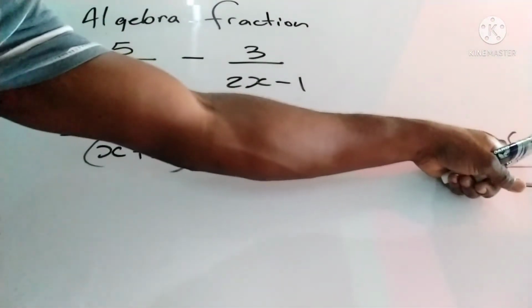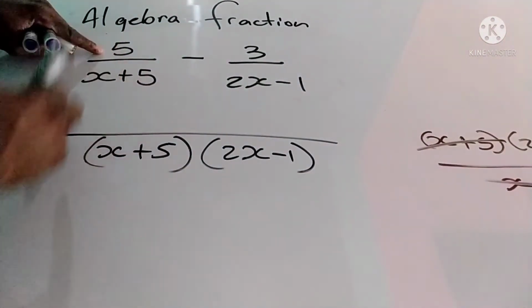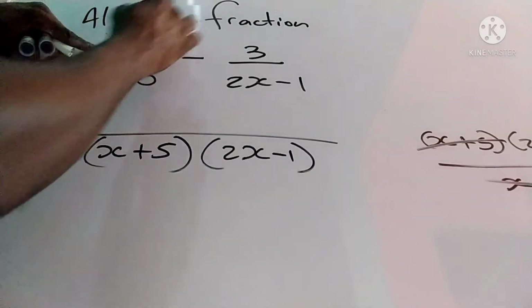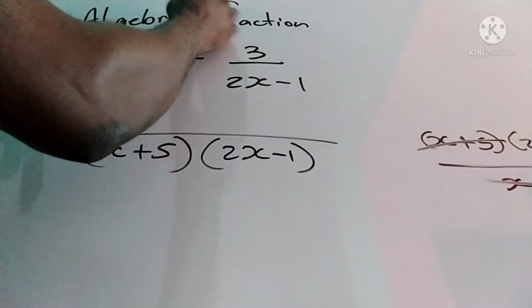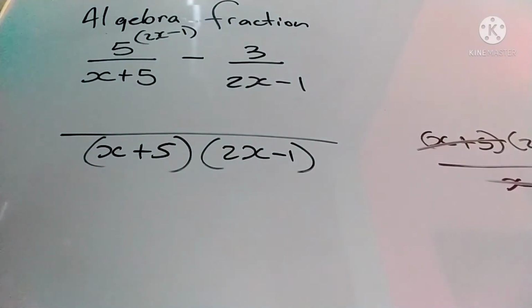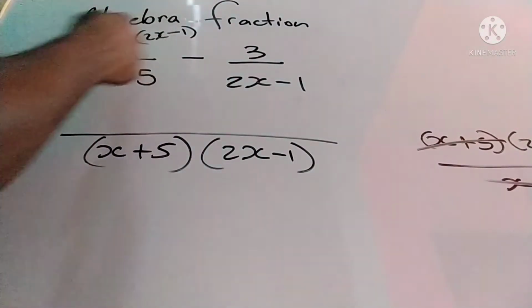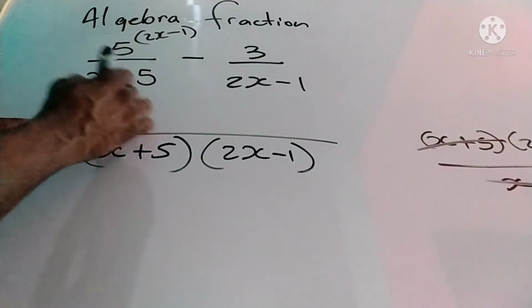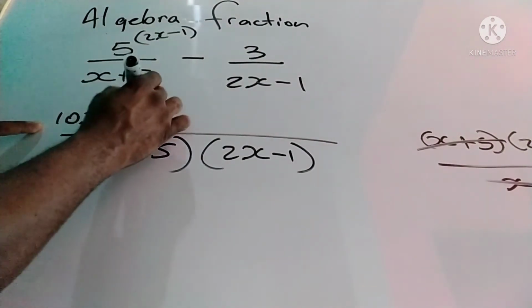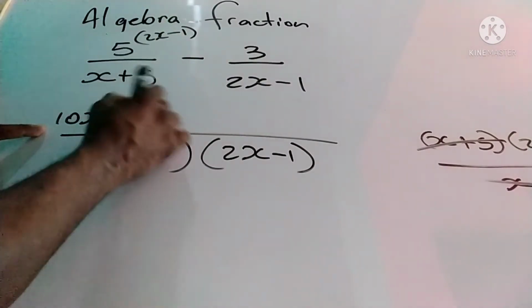So this part is going to multiply by the numerator, so we're actually looking at 2x minus 1. All right, so we could carry that out now. 5 times 2x, that's going to give us 10x. 5 times negative 1, that's going to be negative 5.